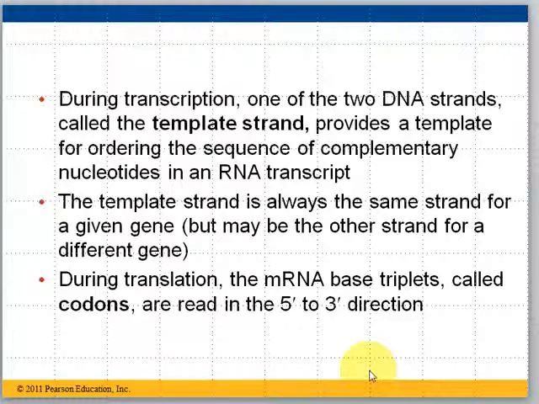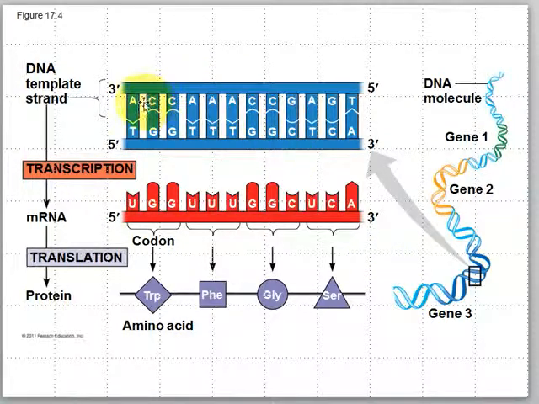During that first transcription process, one of those 2 DNA strands, which we call the template strand, provides the template for creating the order, the sequence of RNA nucleotides for the RNA transcript. Now, in my example, I said the top one is the template strand, but in other genes, it may be the bottom one. So it's not always the top strand of DNA, but it's specific to whatever gene you're looking at.